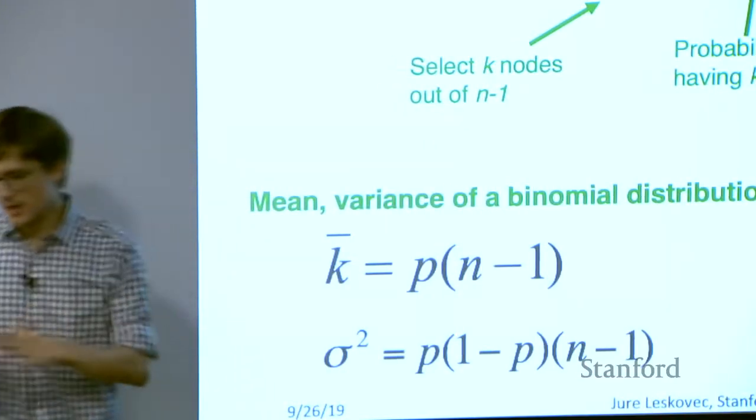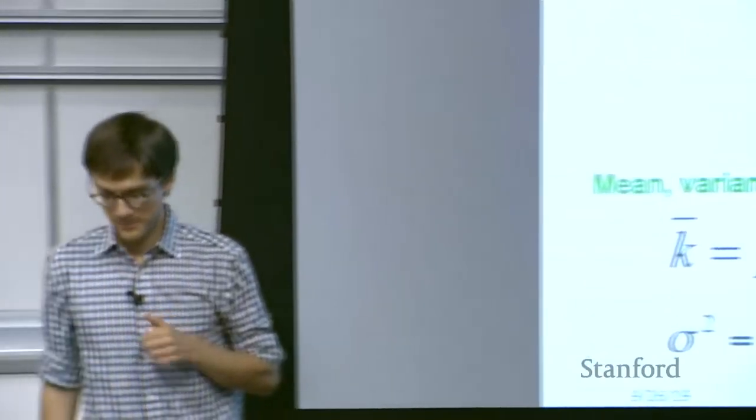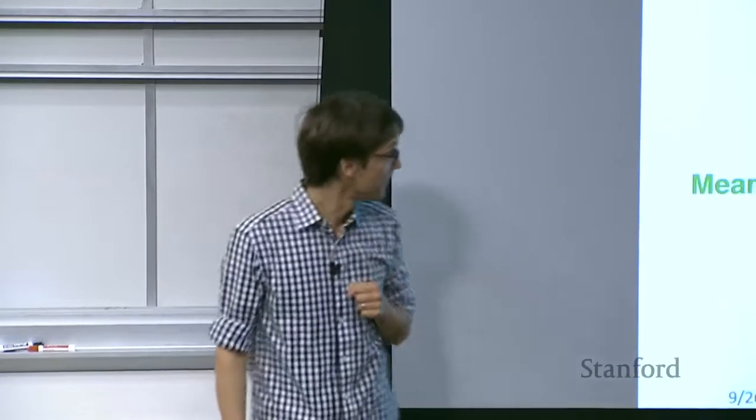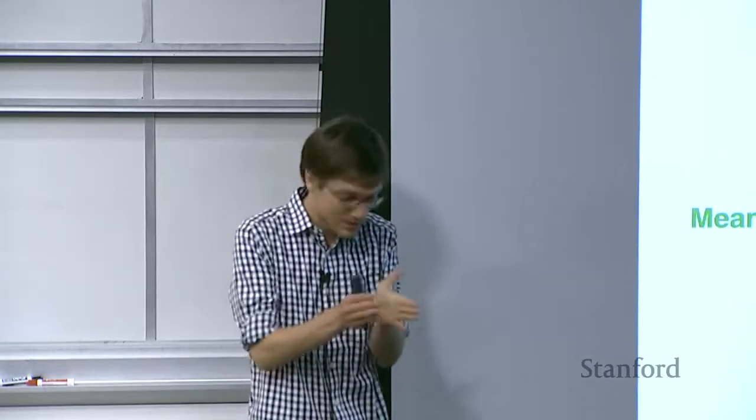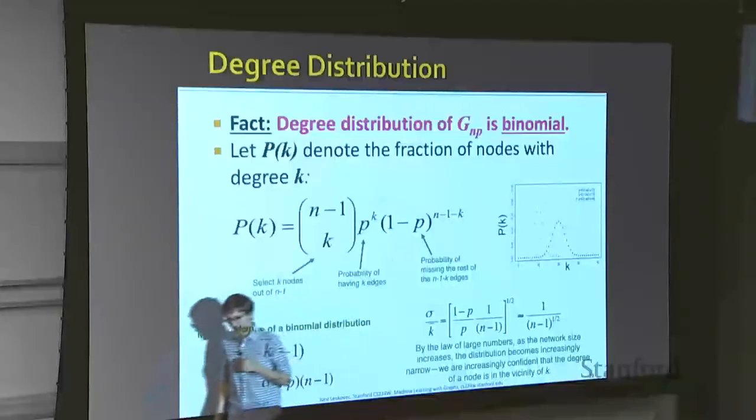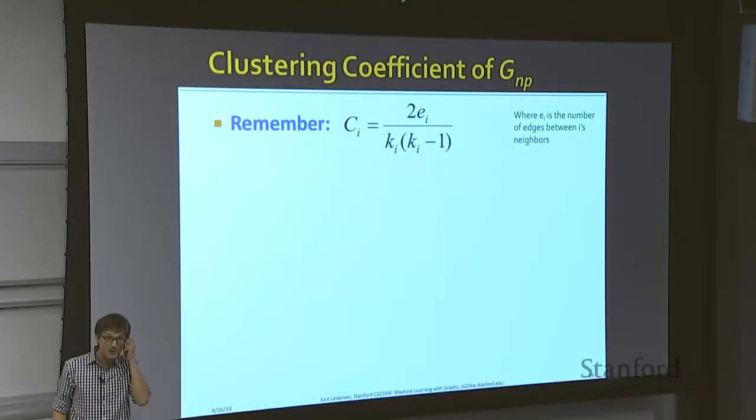So this is essentially a graph where everyone will have the same degree in the limit, or at least you can think of it that way, because the variance will be getting smaller and smaller. Okay? So that's the first property.